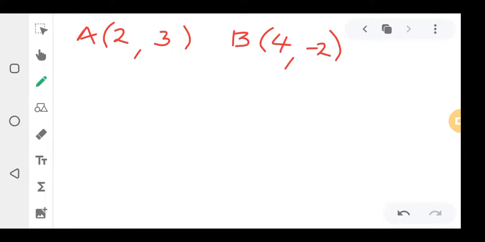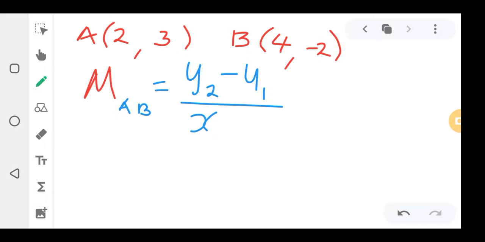The formula for gradient: letter M means gradient of the line AB. So the gradient of AB is equal to the difference in y, y2 minus y1, over the difference in x, x2 minus x1. You label the points first. The first one here, 2, will be x1, and the other one, 3, will be y1.